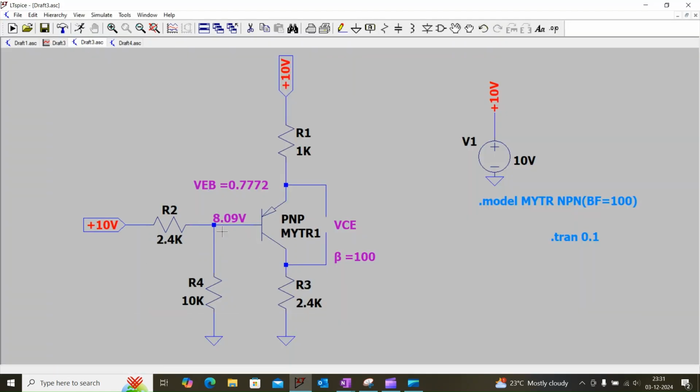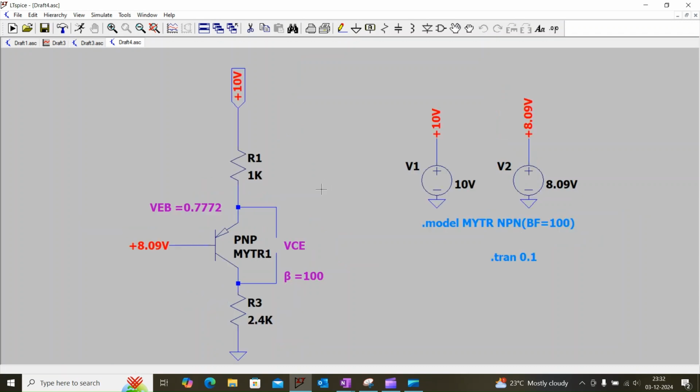As we know, if we apply the voltage divider rule, we get the Thevenin's equivalent voltage as 8.09 volt. So the equivalent circuit will be like this, because here we are considering the base voltage as 8.09 volt. So the emitter to base junction will be in forward bias condition.